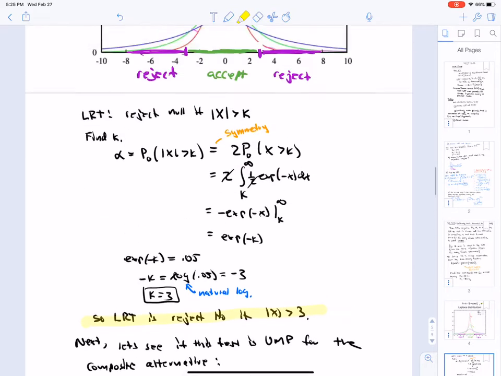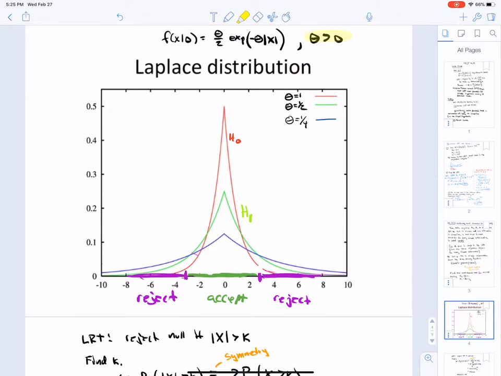We can see from the picture here that for the alternative between 0 and 1, just look, for example, at the blue curve, which is theta is a quarter. You can see the trend that H0 will always be higher in the middle than H1 for any theta is b between 0 and 1.